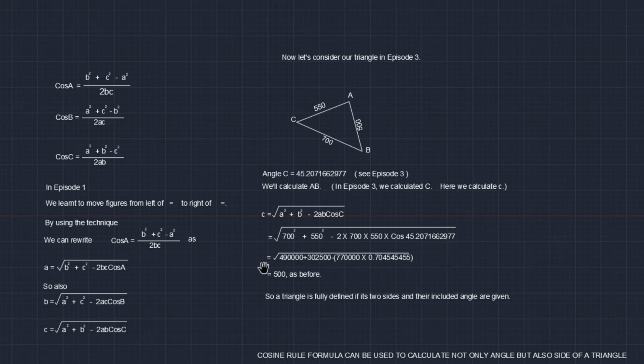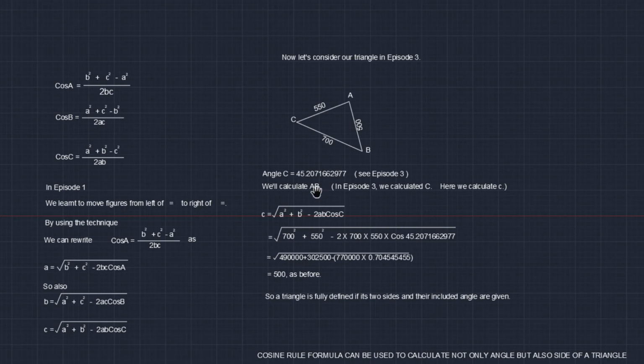So by simplifying this, we'll get square root of 490,000 plus 302,500 minus 770,000 into 0.704545455. By simplifying this expression, we get exactly 500 as before. This 500 we get.